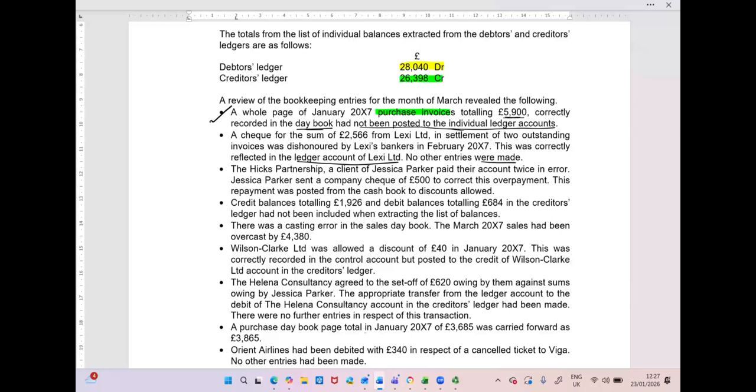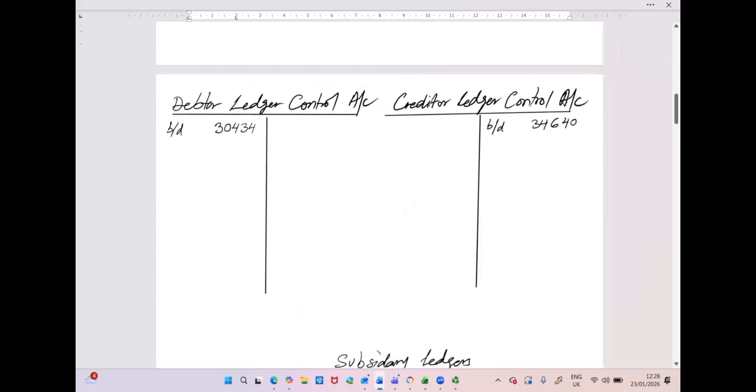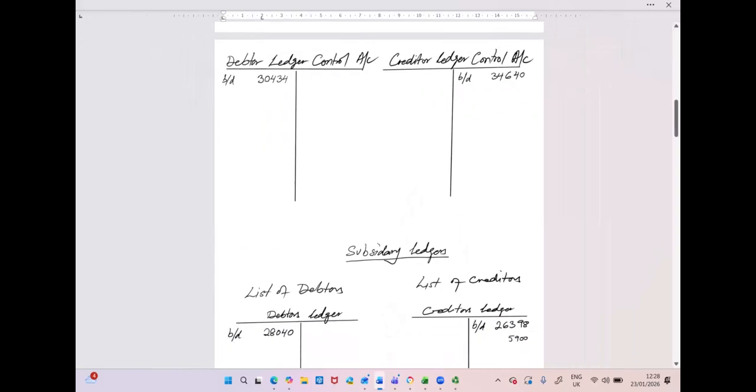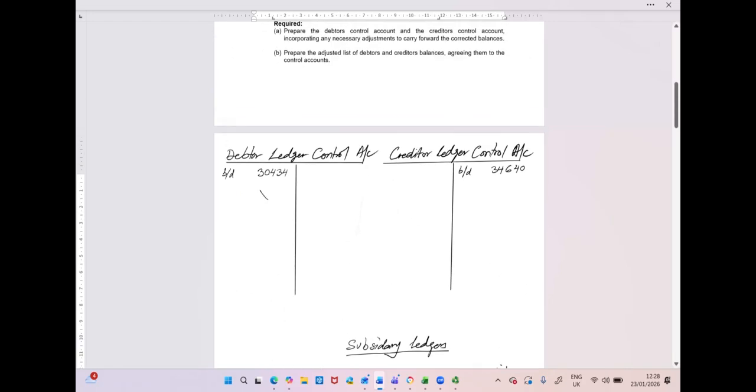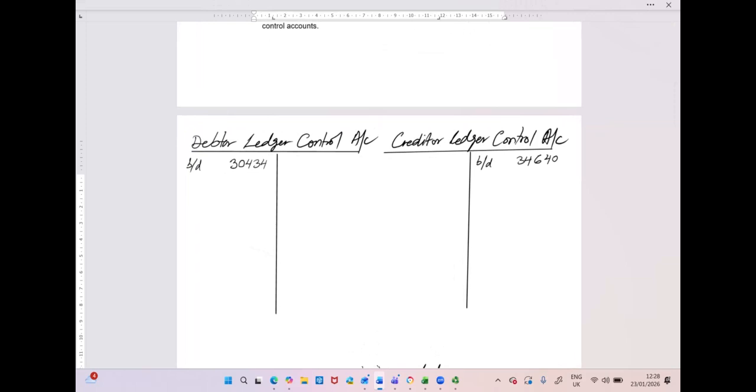That means the control account is not okay. The figure is missing, and the amount is 2,566. Dishonored cheque. So if I go down, I'm told that this is okay, but this is not okay. So I need to simply record it here.